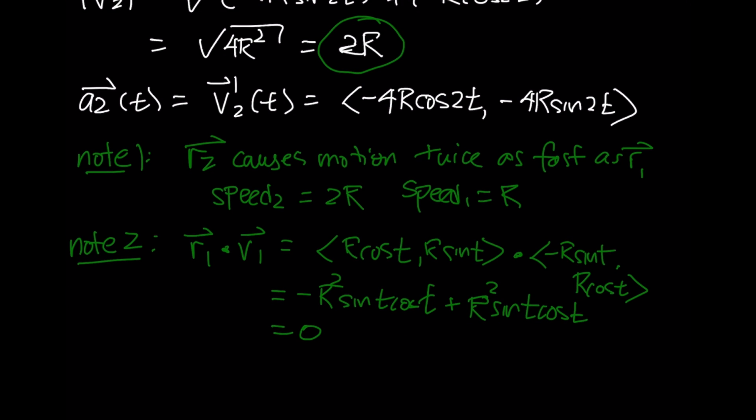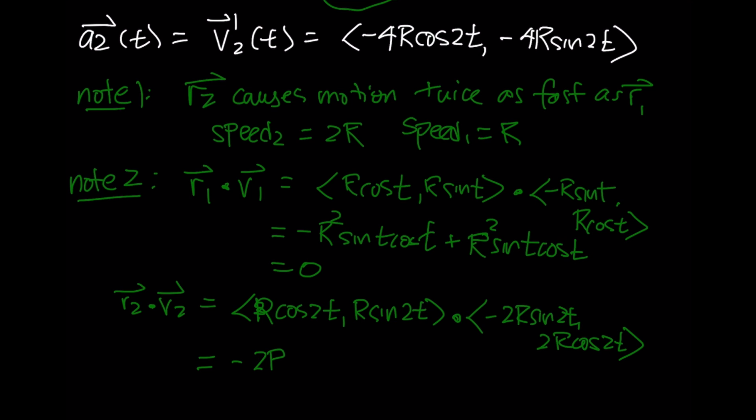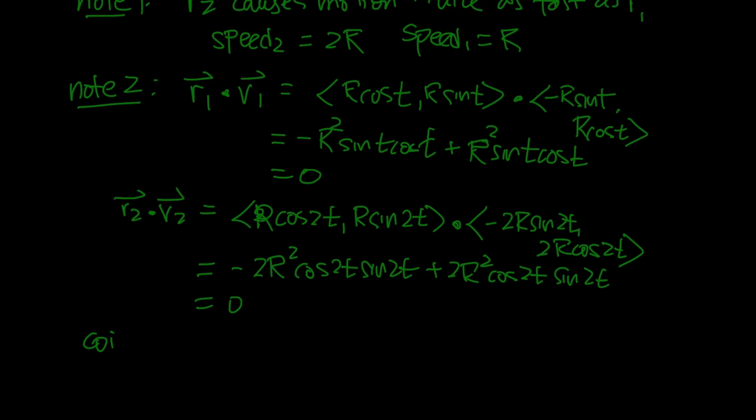If I were to go r2 dotted with v2, dotted with negative 2r sin 2t, 2r cos 2t, what that ends up giving me is negative 2r squared cos 2t sin 2t plus 2r squared cos 2t sin 2t. Guess what? That's a 0 again. Is this a coincidence? No.